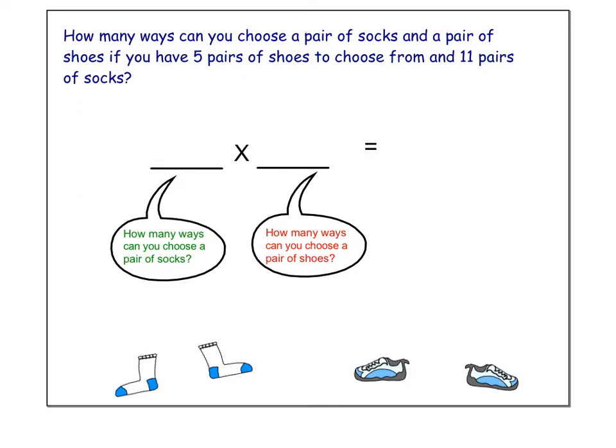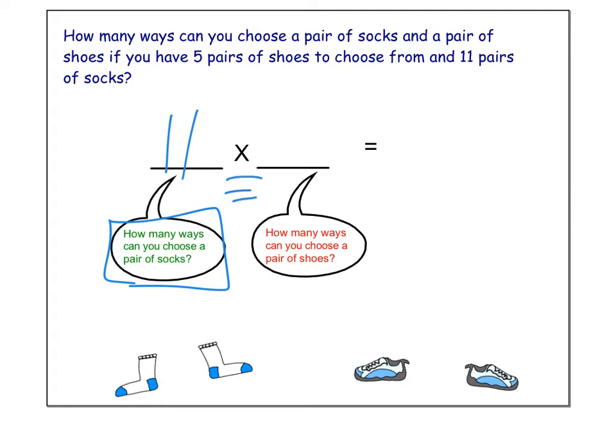Okay, how many ways can you choose a pair of socks and a pair of shoes if you have 5 pairs of shoes to choose from and 11 pairs of socks? We will use the fundamental counting principle to solve this problem. First thing we need to consider is how many ways can you choose a pair of socks? There are 11 pairs. Now this is what the fundamental counting principle says to do.